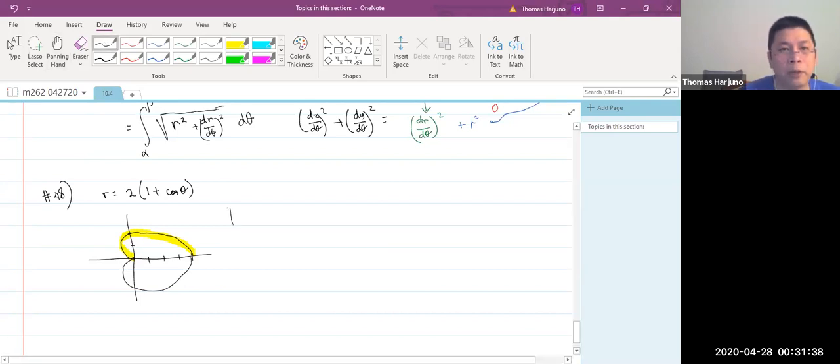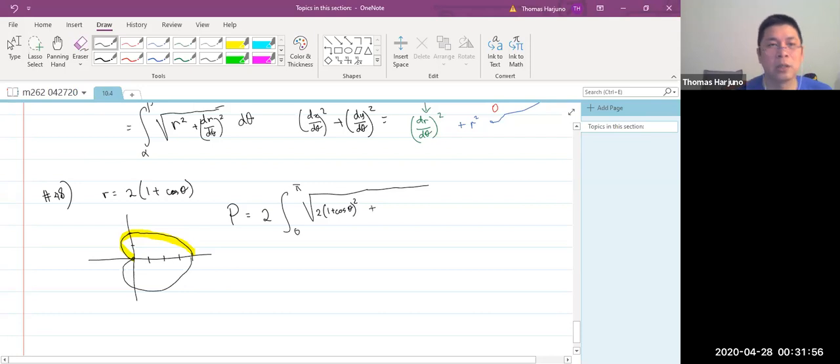So the perimeter equals 2 times the integral from 0 to pi of the square root of r squared plus (dr d theta) squared, which will be 2 times, I'm sorry, it should be 2 times negative 2 times sine theta, squared, d theta.